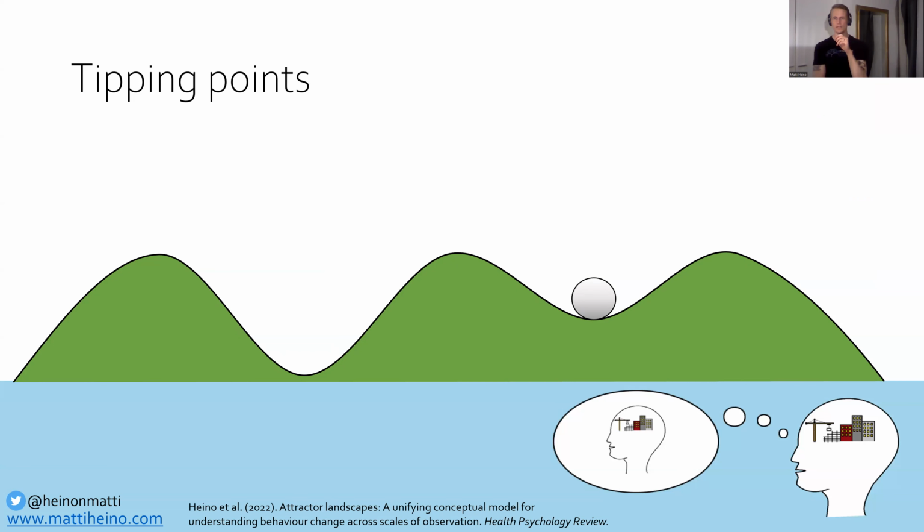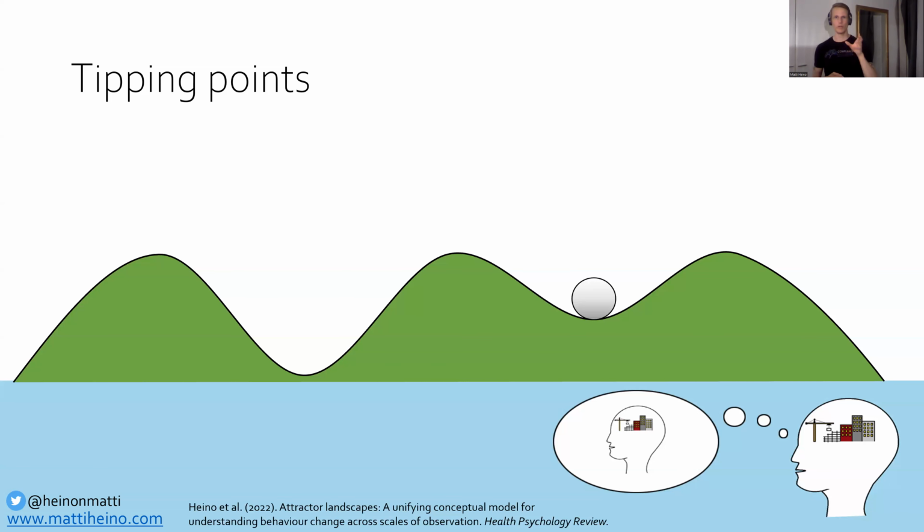But the basic idea is that we have this sort of a landscape, and the form of the landscape depends on everything that's going on. So if you remember, we had the network that was depicting the 14 facets of the theoretical domains framework.